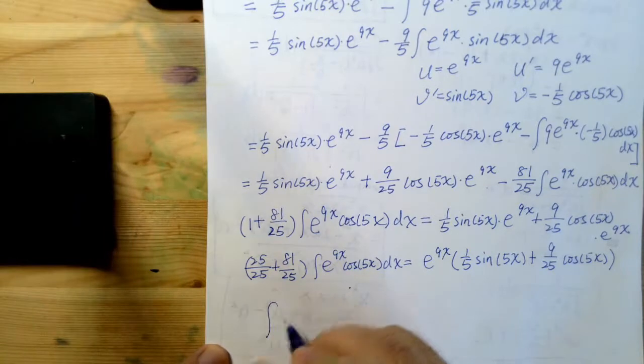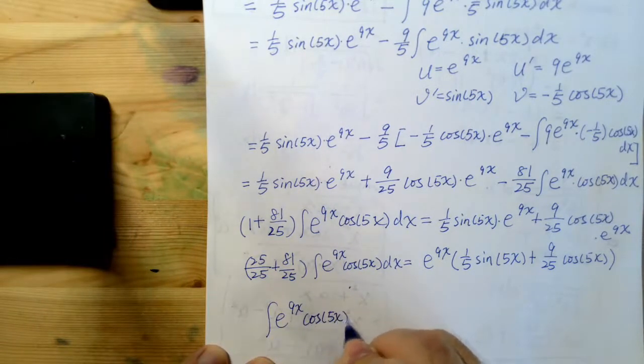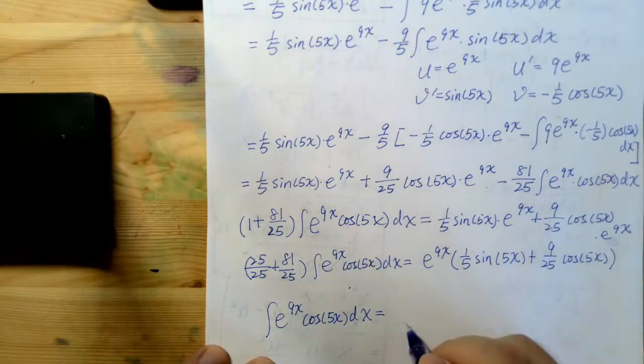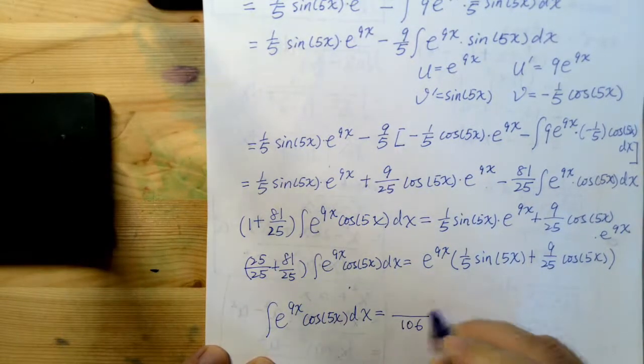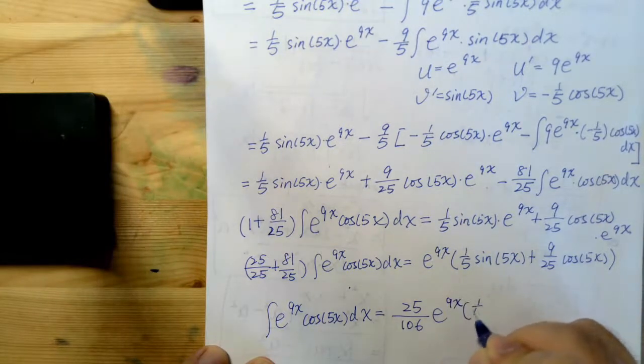Okay, so it turns out the integral of e to the power 9x cosine of 5x dx is going to be 25 over 106 times e to the power 9x, and so on.